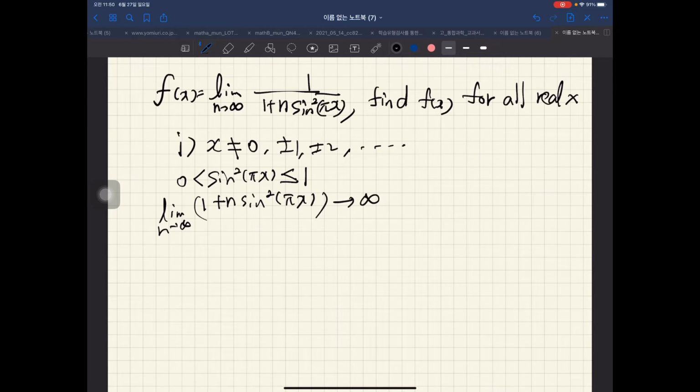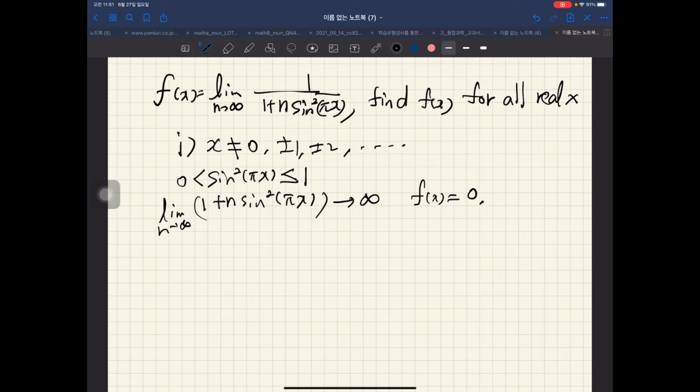It means it increases without limit. So the denominator becomes infinity, and the function value of f(x) becomes 0, except at integer values of x.